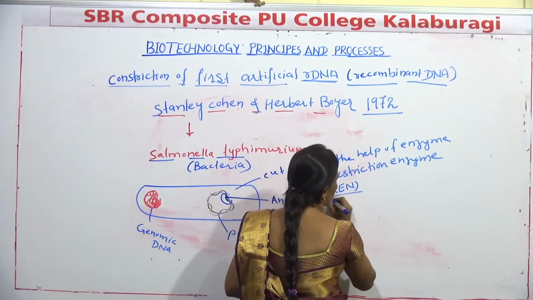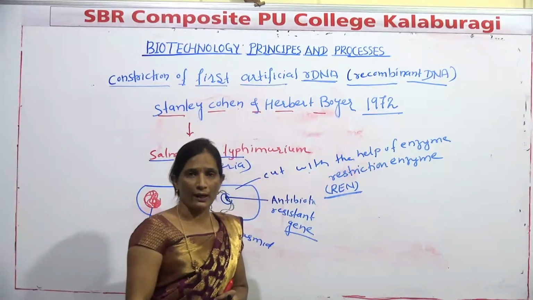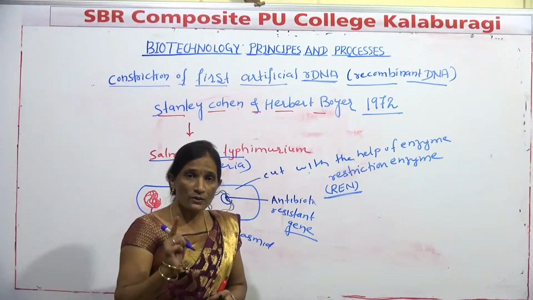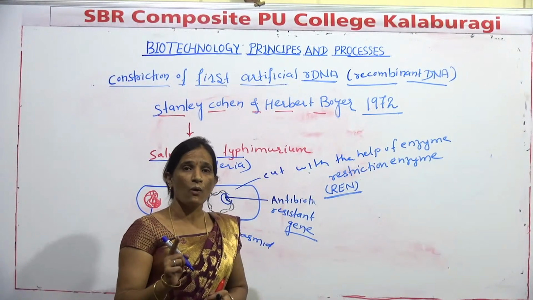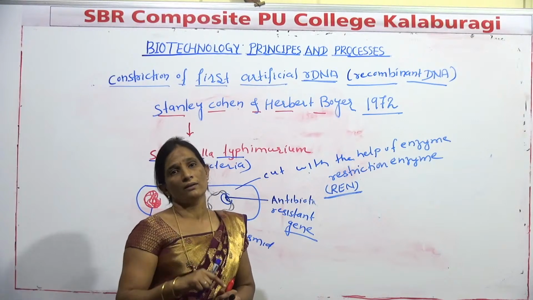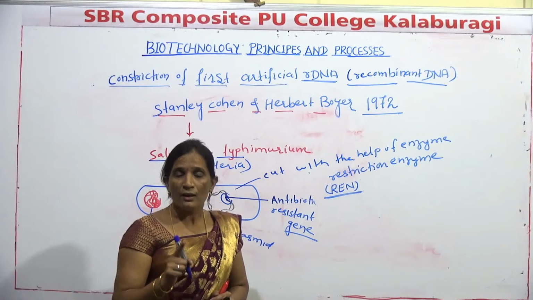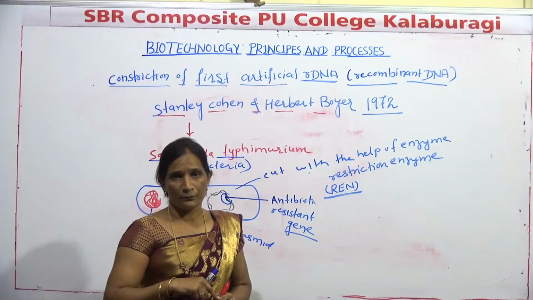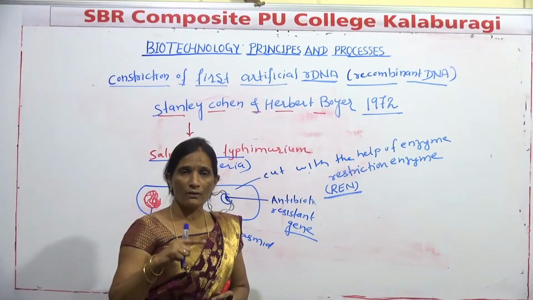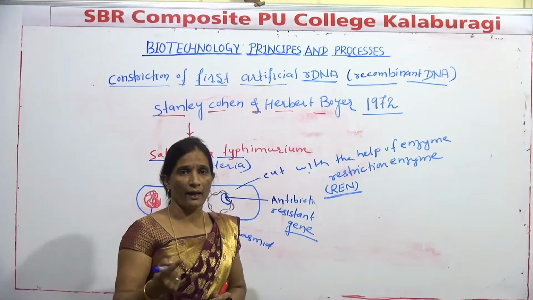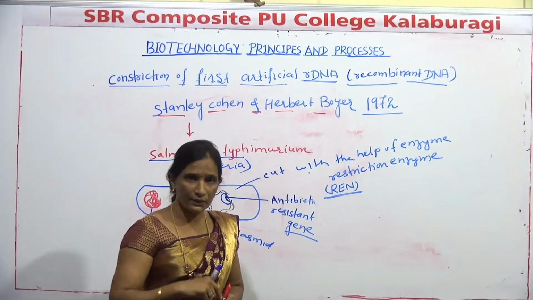After this, I am going to explain to you more about restriction endonuclease. Restriction endonuclease is called the molecular scissors, because it cuts the DNA at a specific region.